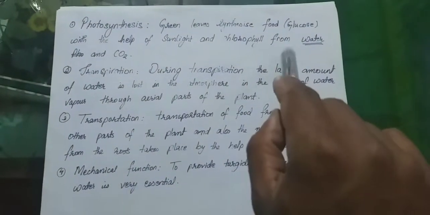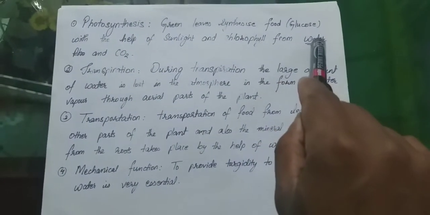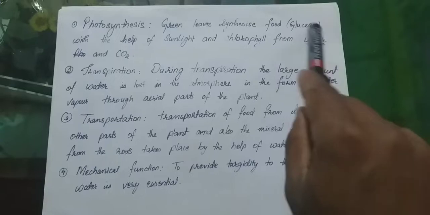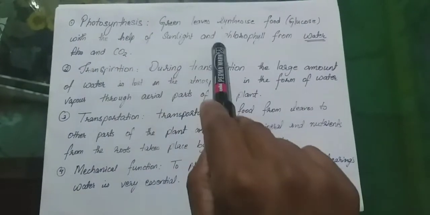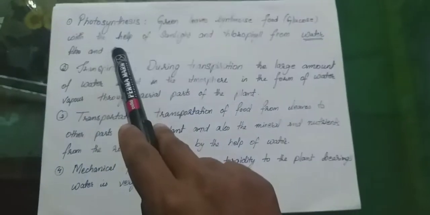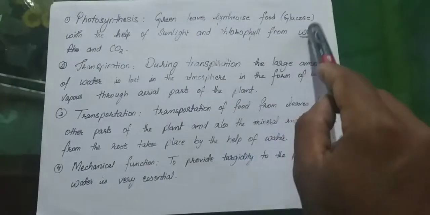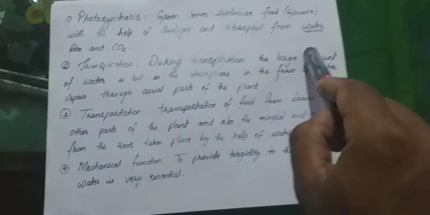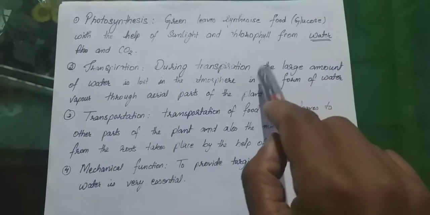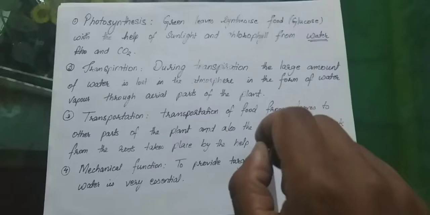So water is required during photosynthesis. And how does the water get into the green leaves? By the help of the root.